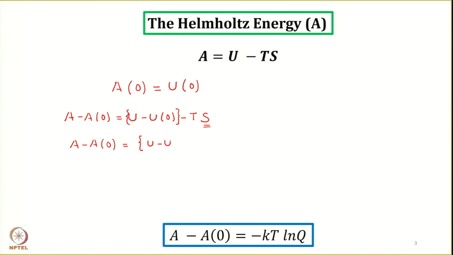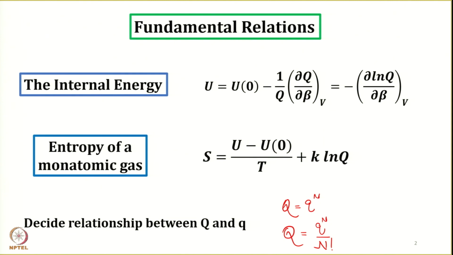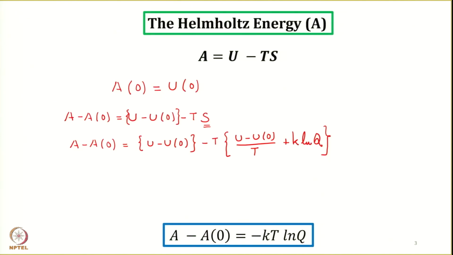I will tell you why I am retaining this, so that my derivation further becomes a bit easy. Minus T times the entropy, which is (U minus U0) by T plus k log Q. This is the expression for entropy. Just take a look back: S is equal to (U minus U0) by T plus k log Q, and that is what I substituted over here.